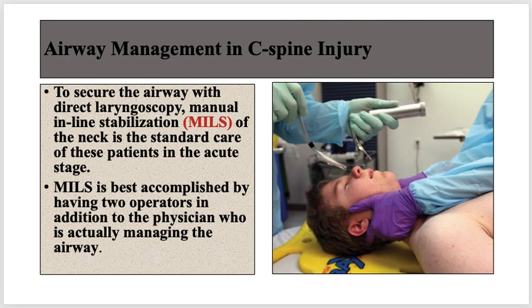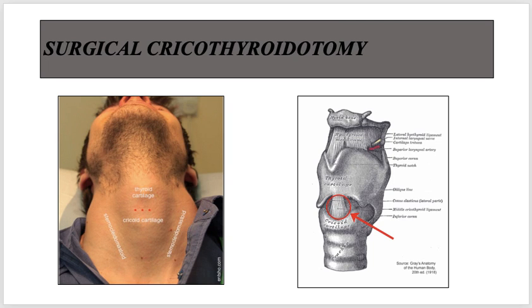And the last thing which I want to show you is this one. When there is no way, or when there is a very extensive facial or neck injury, then we can go for cricothyroidotomy. You can see this is the Adam's apple. Below that, between the cricoid cartilage, there is a membrane. We can cut it and open it.